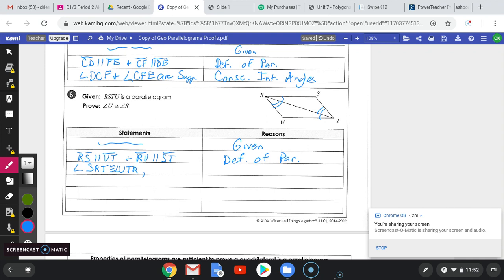And we can also say that angle URT is congruent to angle STR, because they're alternate interior angles. And then we can also say that RT is congruent to RT because of the reflexive property.